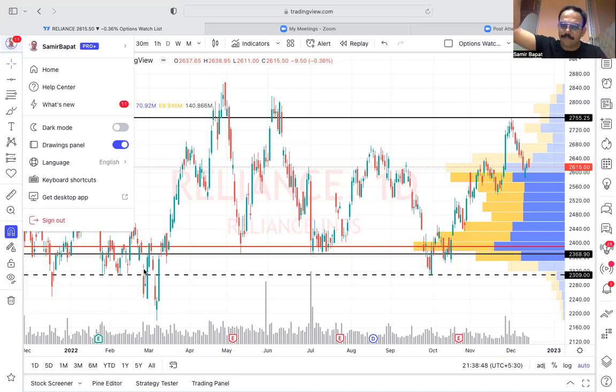So go to tradingview.com and clear the cache. If you are on mobile or tablet, you have to open it as a desktop site. Then it is allowing. So I think people will have to do some jugglery and try to find out, because a few people are getting it and a few are not.